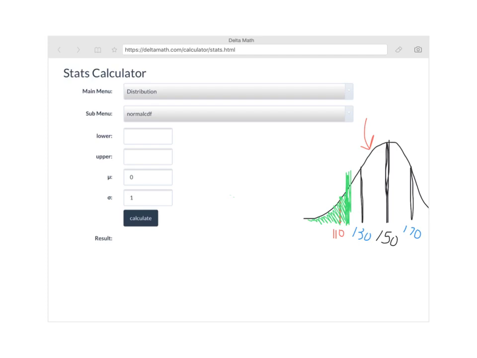Now, this one's kind of weird because I want to find this green section here. So the upper for that was 119, if you remember from the other page. So I'm going to type in a 119. Now the lower is really hard to write in because it goes to infinity towards that lower spot. So just to pick a number, because we do have to enter some actual number, for the lower, if I need to go to negative infinity, I just do negative 999,999.